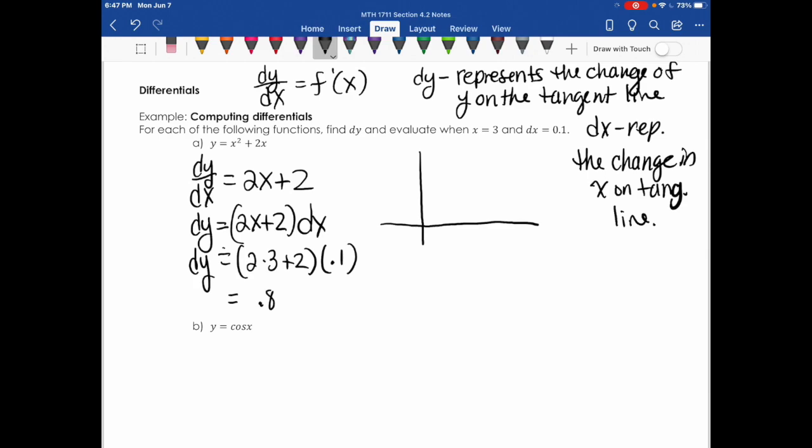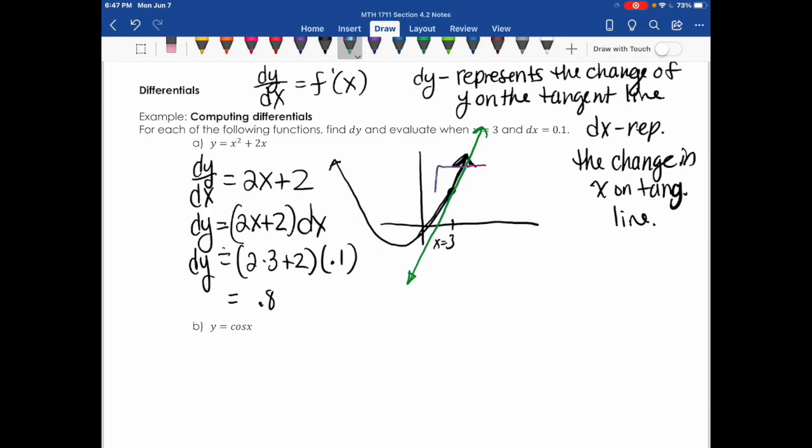So I'm going to try to draw a picture here. So if you look at the function x squared plus 2x, it looks something like this, just a rough sketch. And at x equals 3, we have a point, and then we have the tangent line right here.